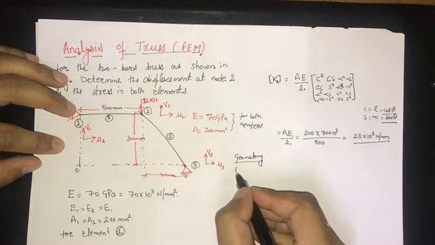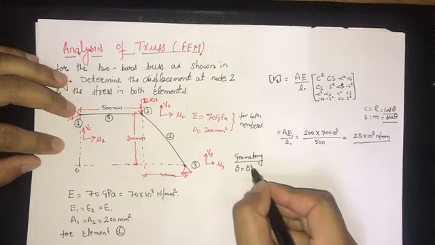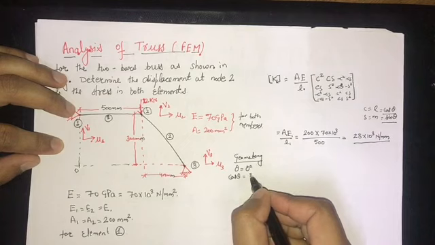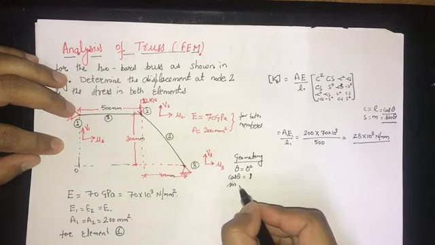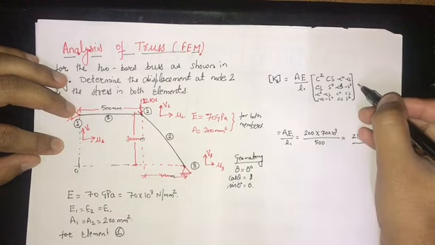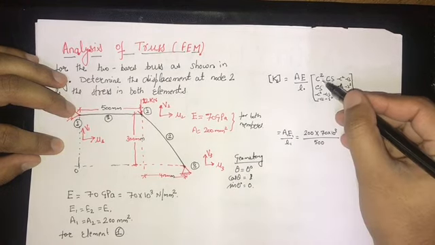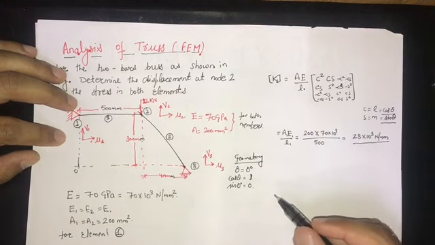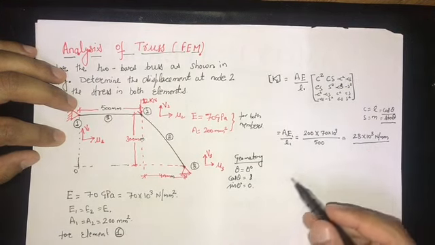So here theta is equal to 0 degree. So cos 0 degree is equal to 1 and sin 0 degree is equal to 0. So we can directly take C as 1 and S as 0. So we can easily calculate cos theta and sin theta.